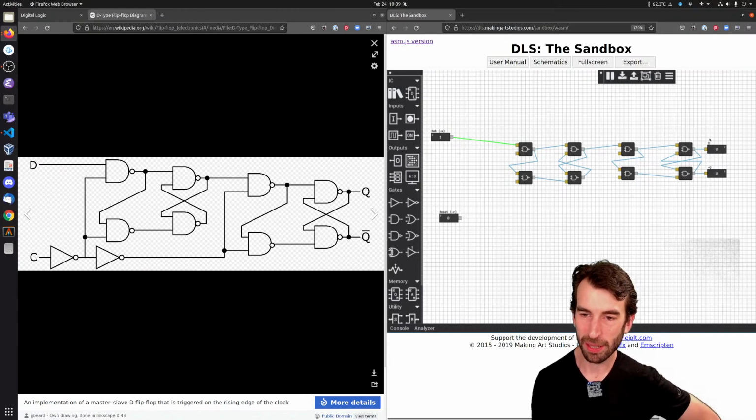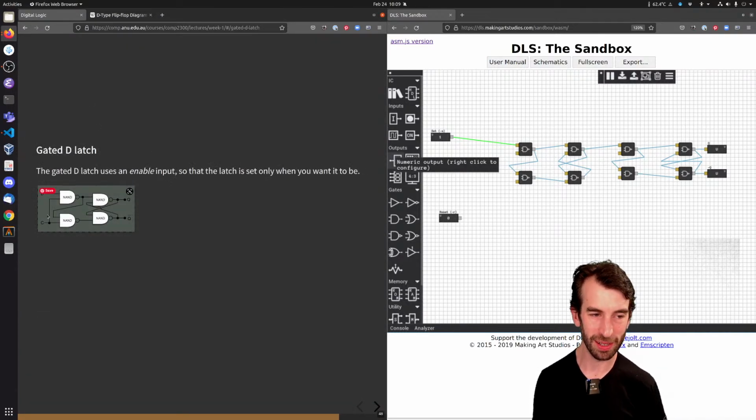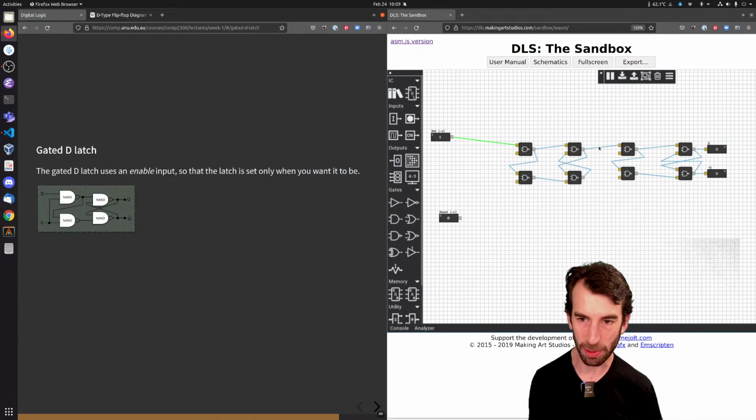This whole thing would be the gated D latch. I'll just go back to the previous page. Yeah, that's the same thing, right? That one, top one, is connected to the input of the bottom one. So this much is a gated D latch. I guess we could start with that.